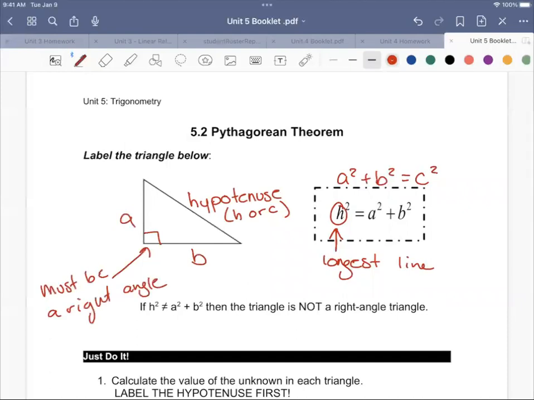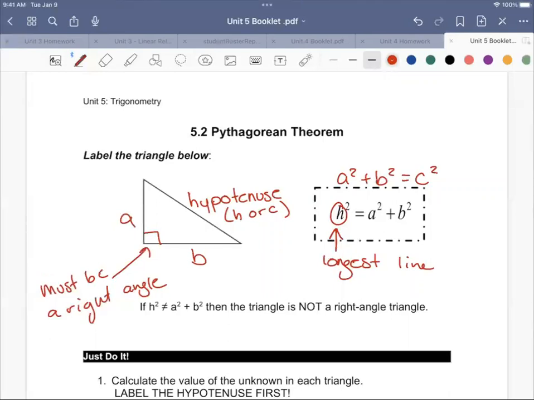It's the only way we can use Pythagorean theorem, if we are working with a right angle triangle. If the hypotenuse squared is not equal to the sum of A and B squared, then it is not a right triangle. And that's one that you know to start off with no matter what.